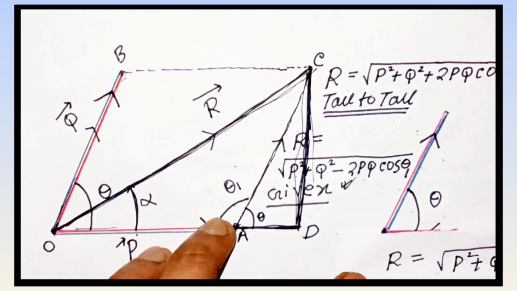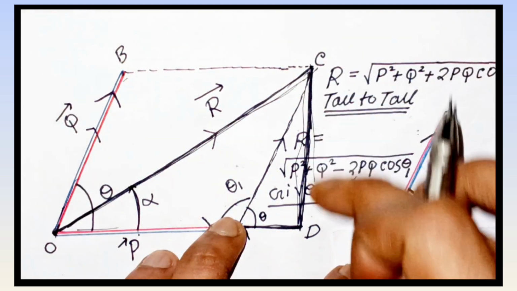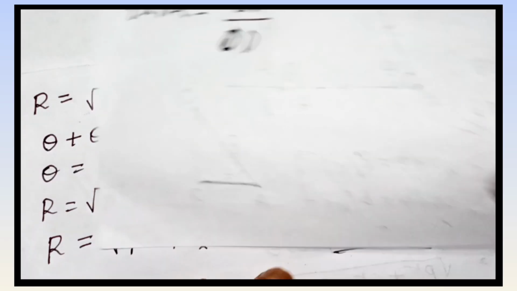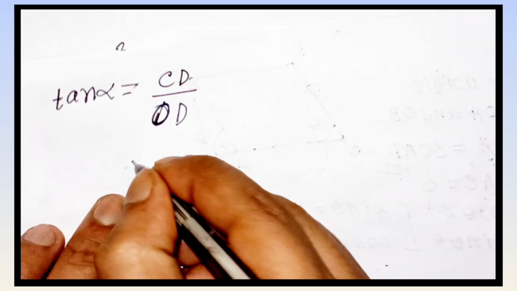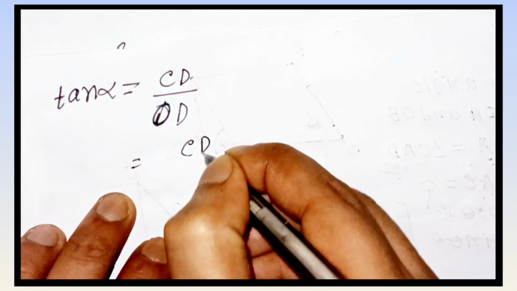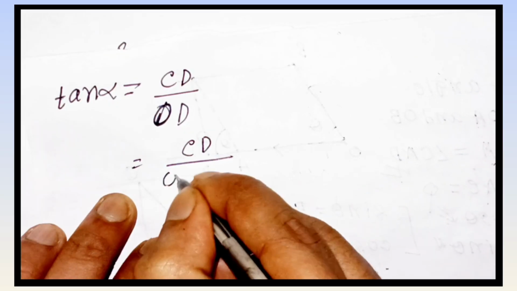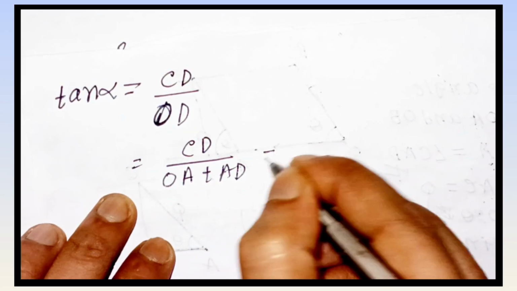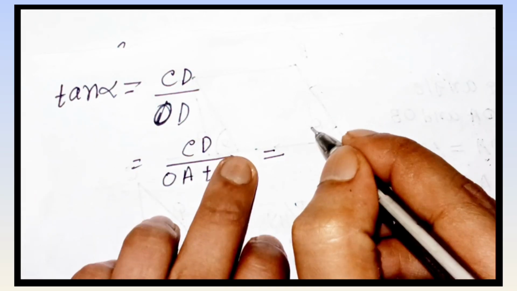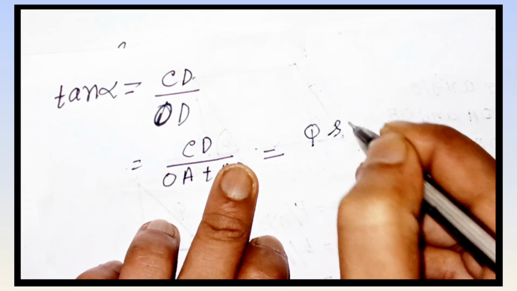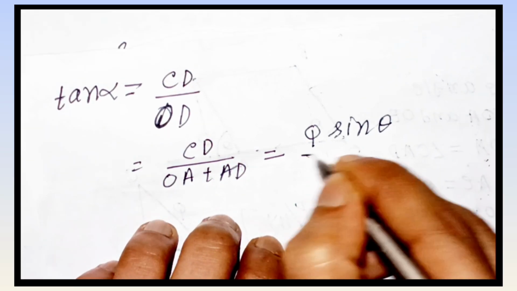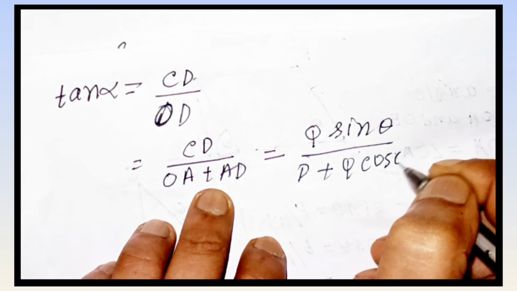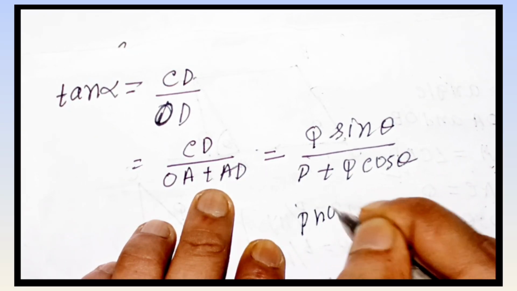Watch your diagram, please note down each and every line, otherwise you can't understand my classes. So CD divided by OD, that is OA plus AD, where CD is Q sin theta, OA equals P, AD equals Q cos theta. This is the direction tan alpha.